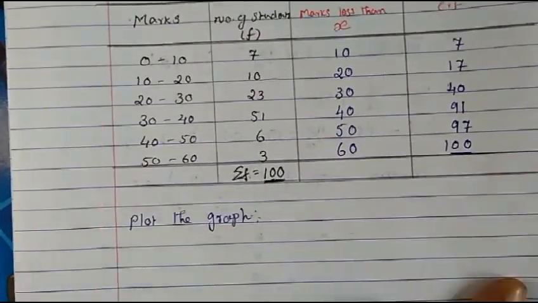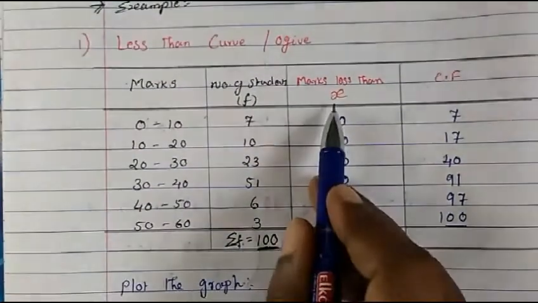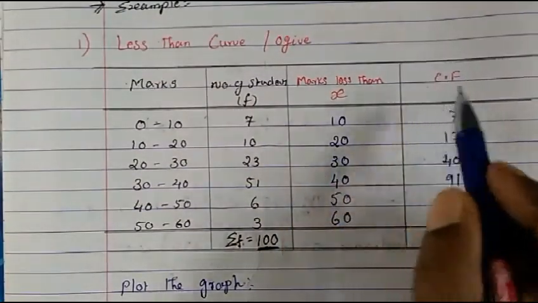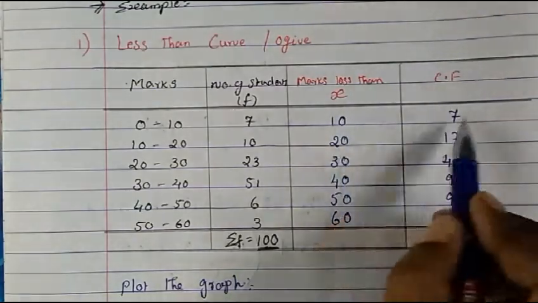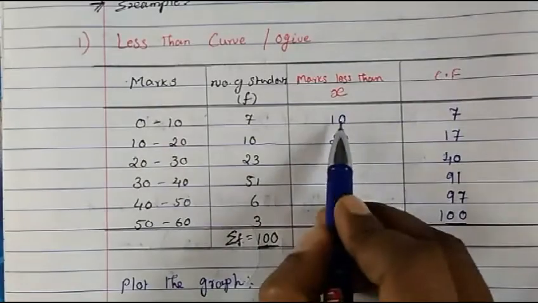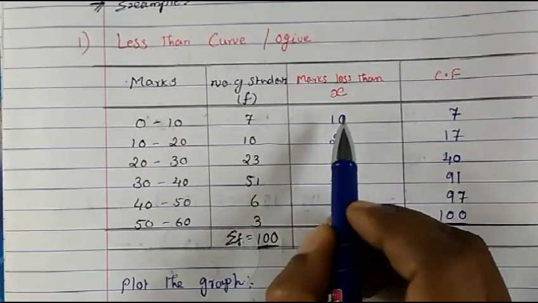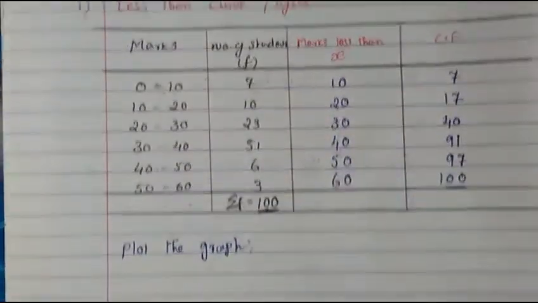So how will we plot the graph? For a graph we need coordinates x and y. Here this is our x and this will be our y, because this is the cumulative frequency. So we will take these points. Always x comes first, right? So 10, 7.